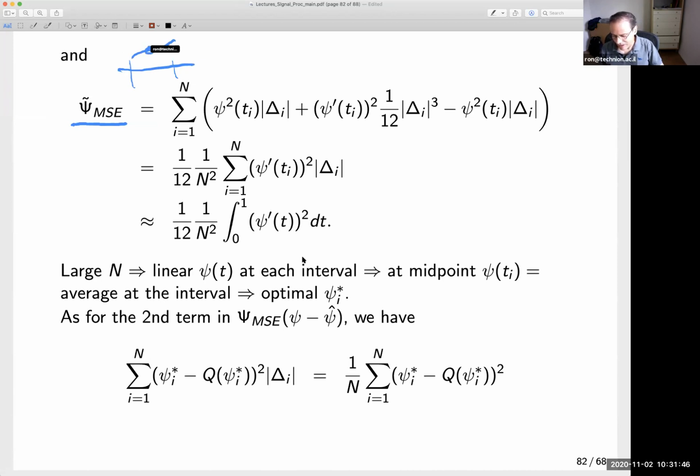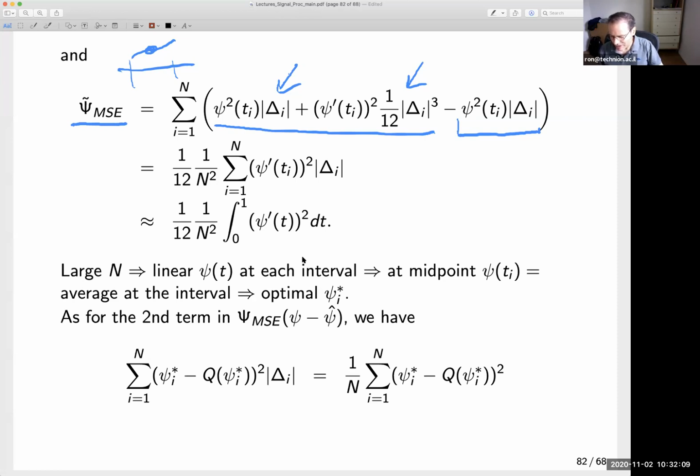And instead of the first 2 terms, we can write the energy that we have now seen. And we have to subtract this guy, because this is what I have to subtract when I'm looking for the MSE.